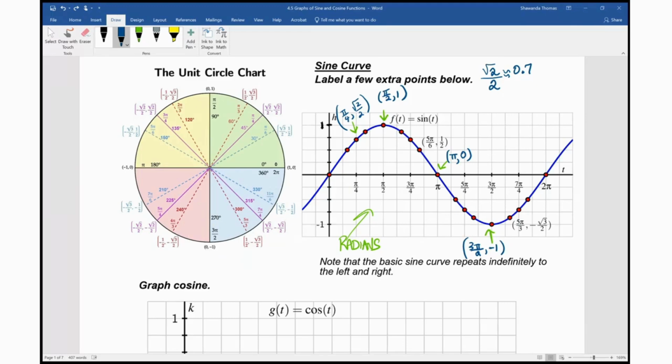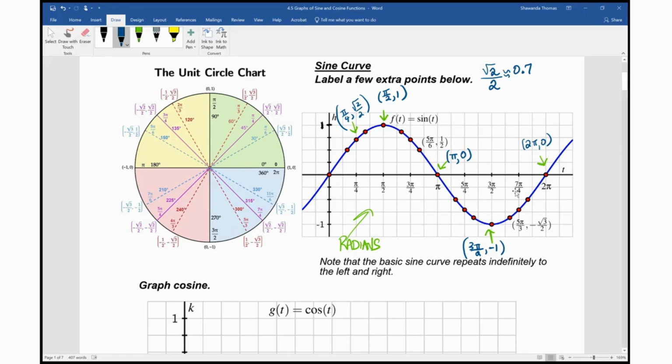All right, what about 2 pi? 0. All right, 2 pi, 0. Input is 2 pi. That's why we have it sort of like on the x-axis, and the output is 0. That's sort of like on our y-axis. All right.